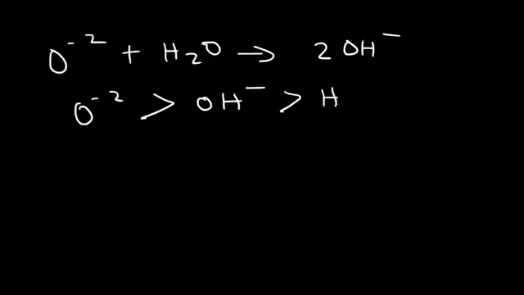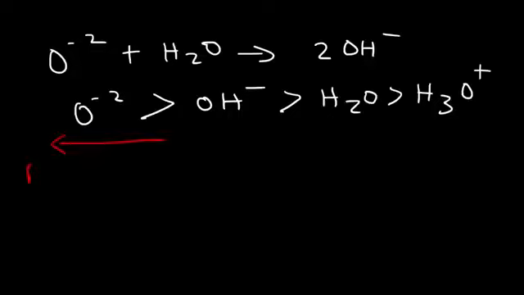Hydroxide is a stronger base than water. Water is neutral. And water is a stronger base than H2O+ because H2O+ is acidic. So as you can see, the fewer hydrogens that are on an atom, the more basic it is. So oxide is more basic than everything else in this list, whereas H2O+ is most acidic.